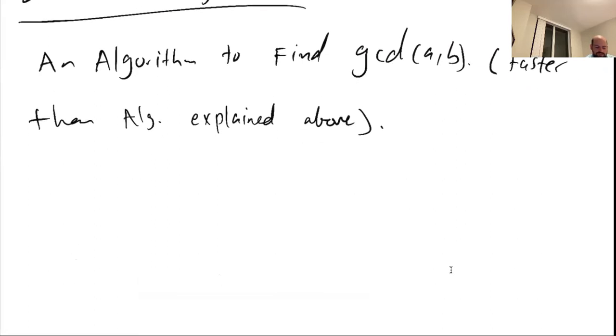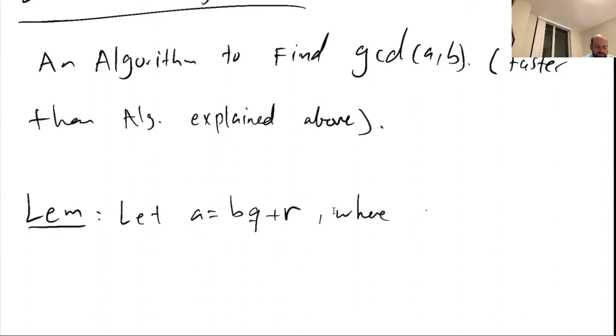Okay, so this algorithm is based on one important property. Let me write it as a lemma. Let A equals BQ plus R, where A, B, Q, and R are integers.